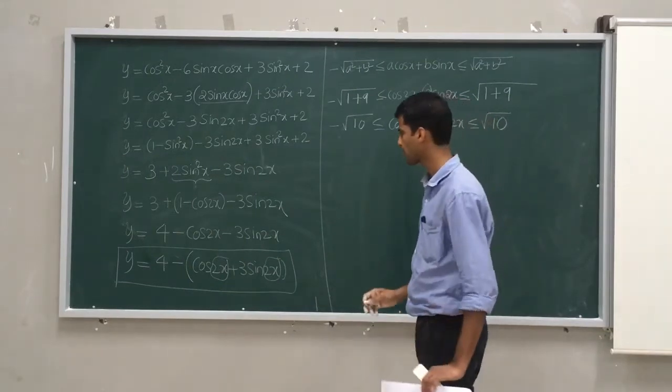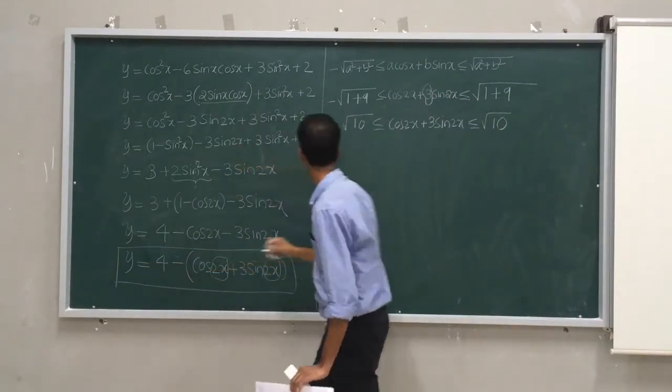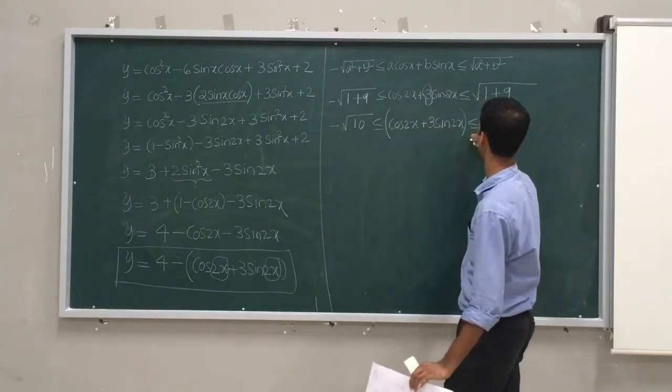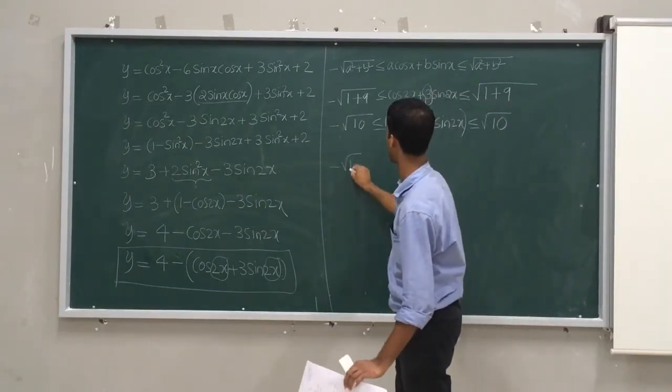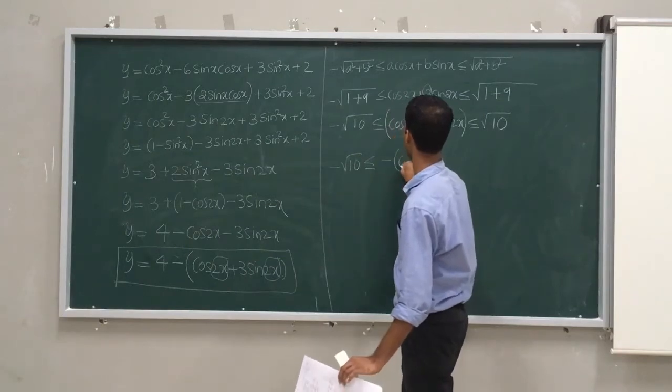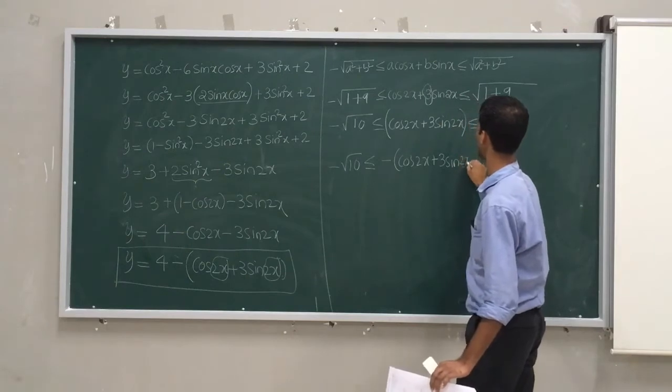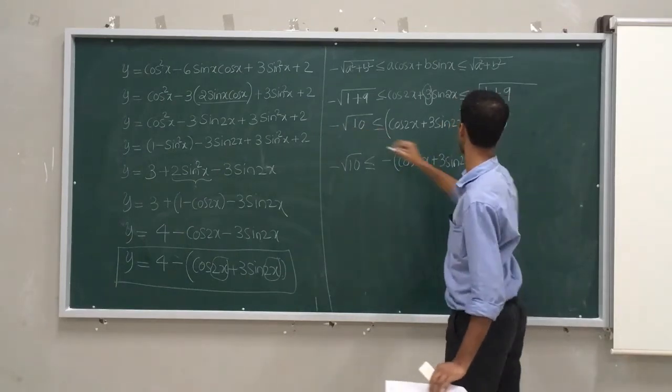But this is not at all my question. My question is I want minus here. So I will multiply this expression by minus. When you multiply by minus, the inequality reverses and becomes minus root 10 less than or equal to minus cos 2x plus 3 sin 2x, less than or equal to, minus of minus becomes plus.